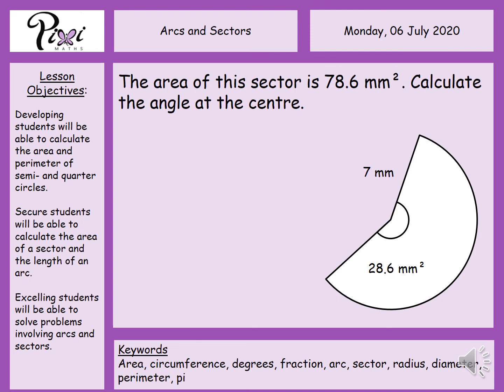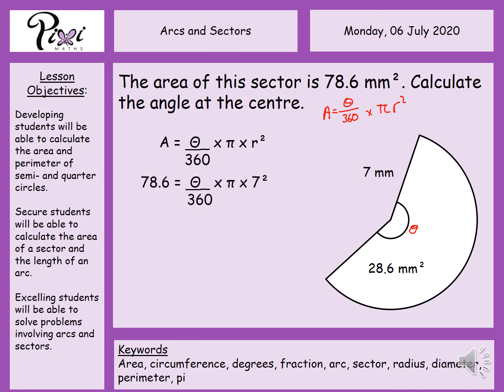Okay, so this one we're doing the area. Again, the idea is very similar to before, we're going to use the same formula. So we've got area equals theta over 360, where this is angle theta, times pi r squared. So we start off with the same formula we did before. The thing is, this time we know the radius and we know the area, it's the theta that we don't know.